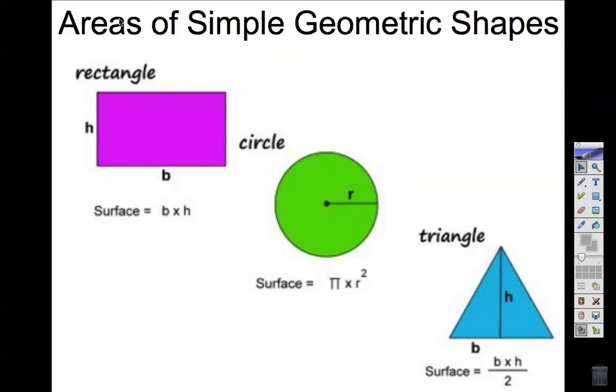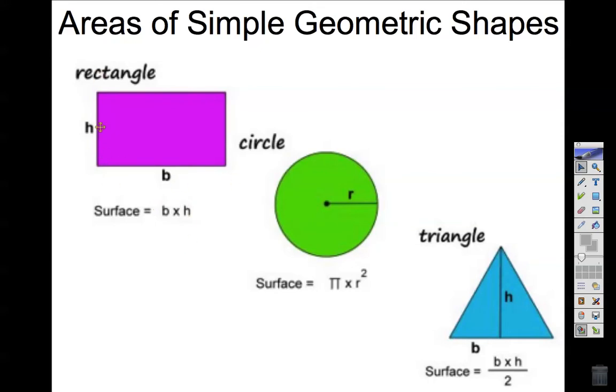Alright, quick review. We're going to start off with a review of the area of simple geometric shapes. We have a rectangle. To find the area of a rectangle, we have surface area, right? It is base times the height.